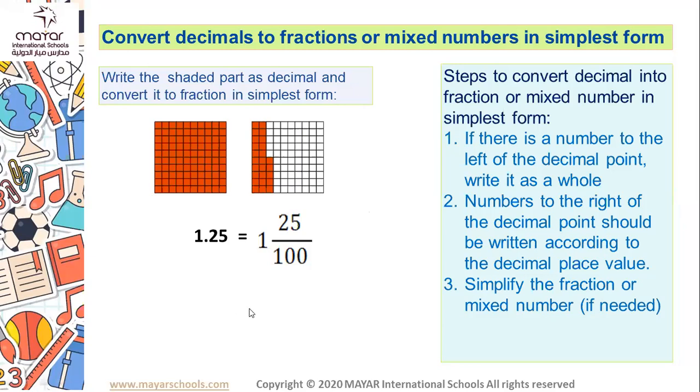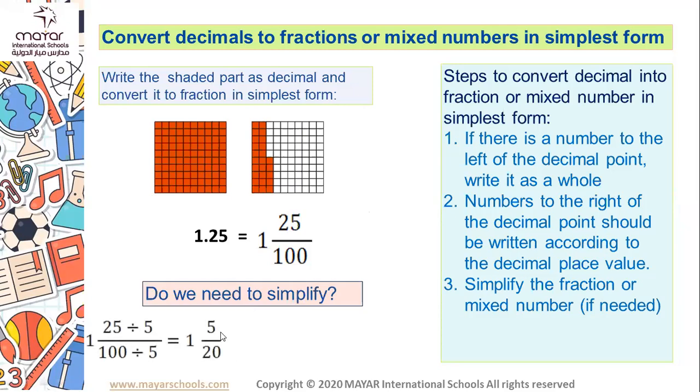Divided by 5, it will be 1 and 5 out of 20. Is it simplest form now, Adam? Yes. No, I have to divide it by 4. By 5 again. So 1 and 1 out of 4.